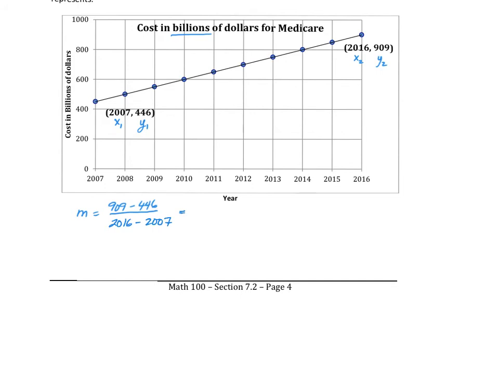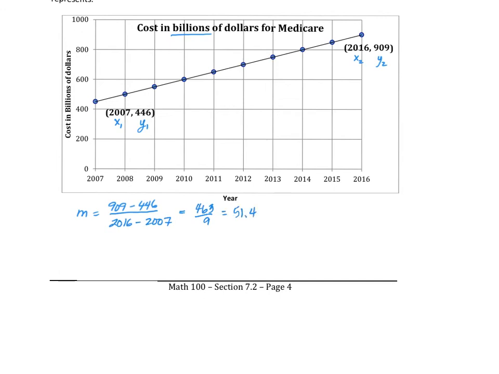That's going to be 463 over 9 if I put it in my calculator correctly. And it said to round to one decimal place. If you take 463 and divide it by 9, it's 51.4.